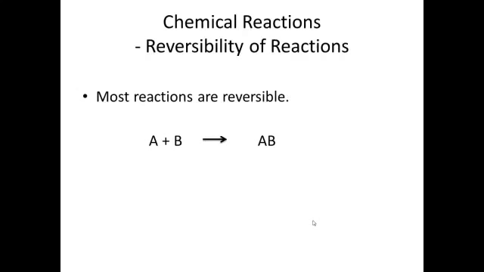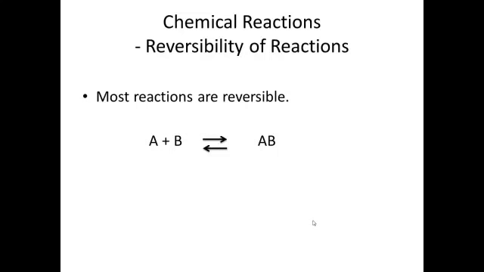So, say for example, that with molecule A and B, when we put them together to make AB, we can turn around and move it back. Most chemical reactions in cells are reversible. Inorganic reactions usually are not reversible, not unless you put a whole lot of energy into it.